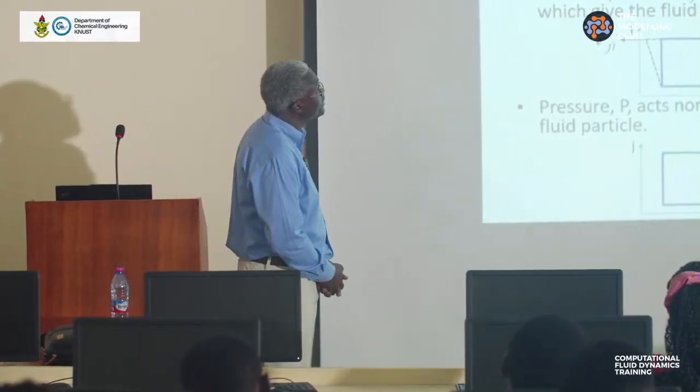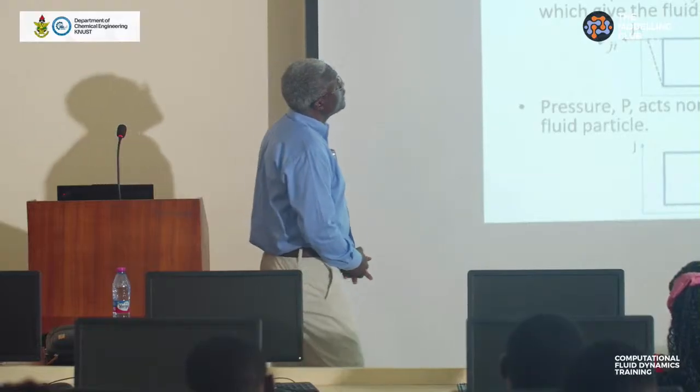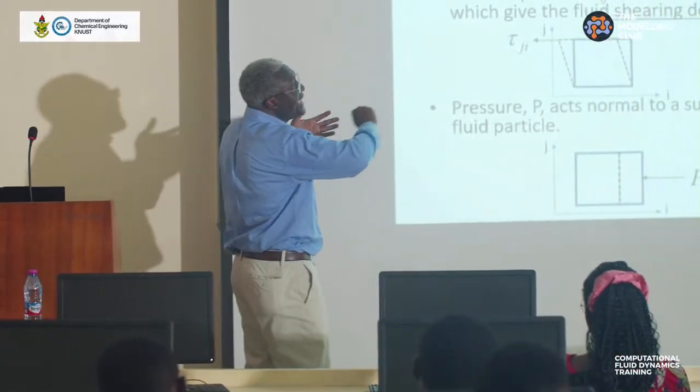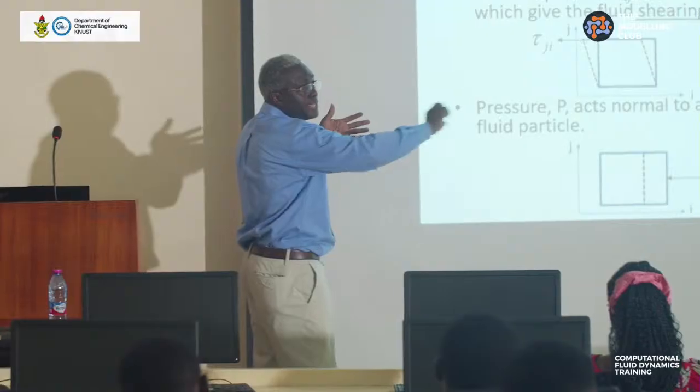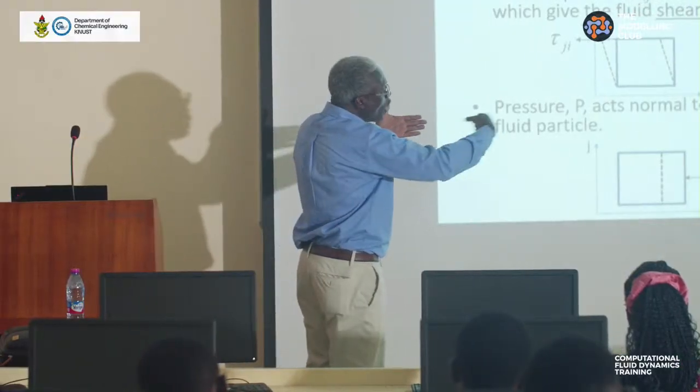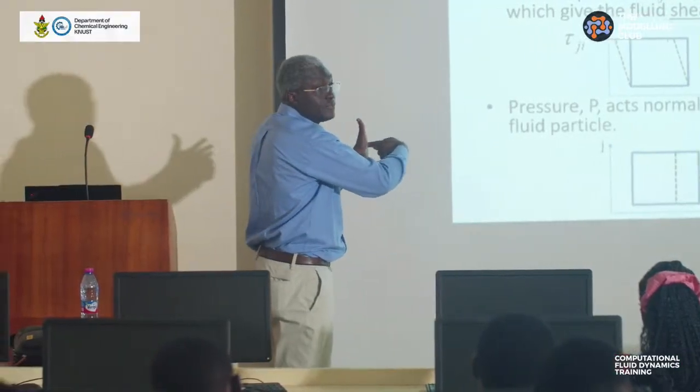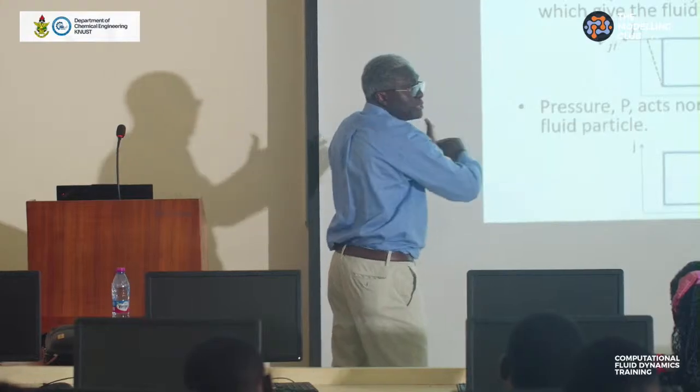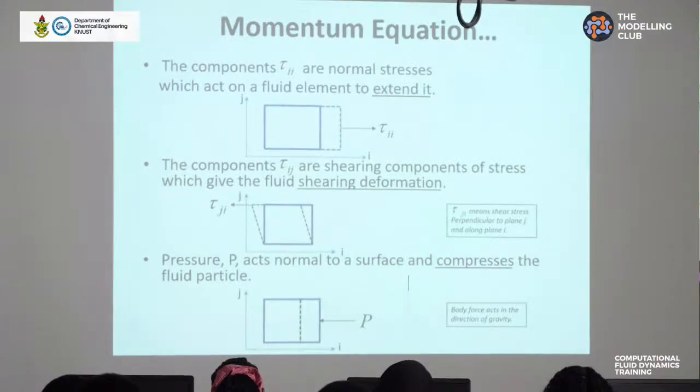What is the normal stress? Well, normal stresses tend to extend the fluid, okay? They tend to pull normal to the face of the fluid and tend to extend it out. Those are normal forces, okay? Creating a strain in the fluid.